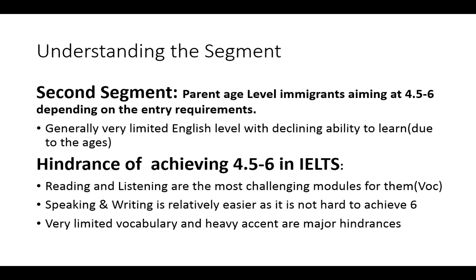As we all know, most of these segments generally have a very limited English level, and because of their age, most of them have actually a very declined ability to learn. So the major hindrance for them to achieve this goal in IELTS, reading and listening would be the most challenging modules for them, because of the lack of enough vocabulary.